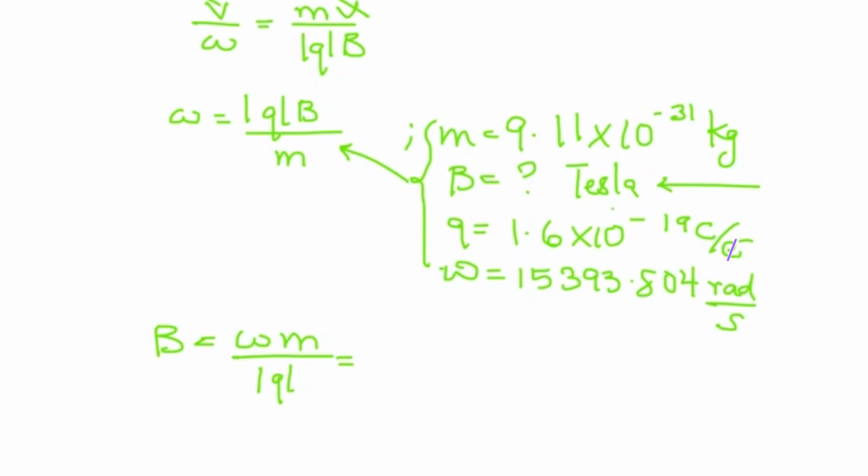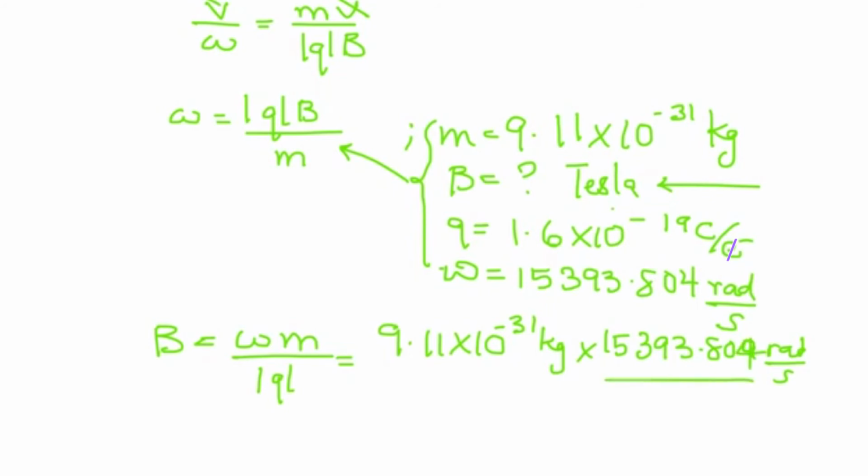So we have 9.11 times 10 to the negative 31 kilograms for the mass of the electron, times the angular frequency, 15,393.804 radians per second, divided by the charge, 1.6 times 10 to the negative 19 coulomb per electron.